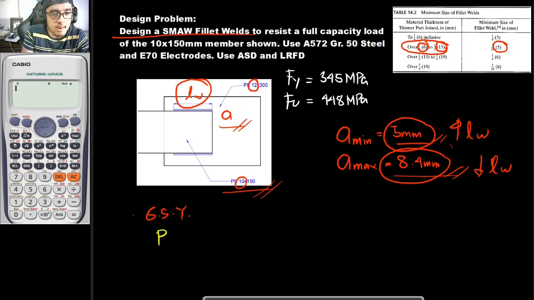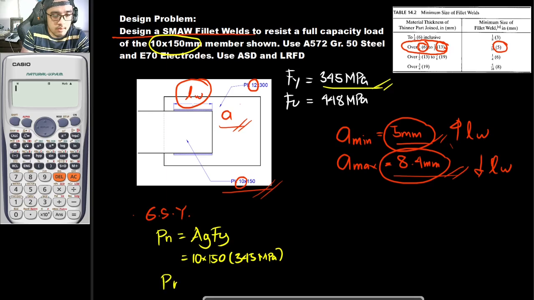For our Pn, in terms of cross-sectional yielding, this is to be Ag times Fy. And our Ag and Fy respectively are, so when we are to use this, 10 by 150 times Fy of 345, so 345 megapascals.